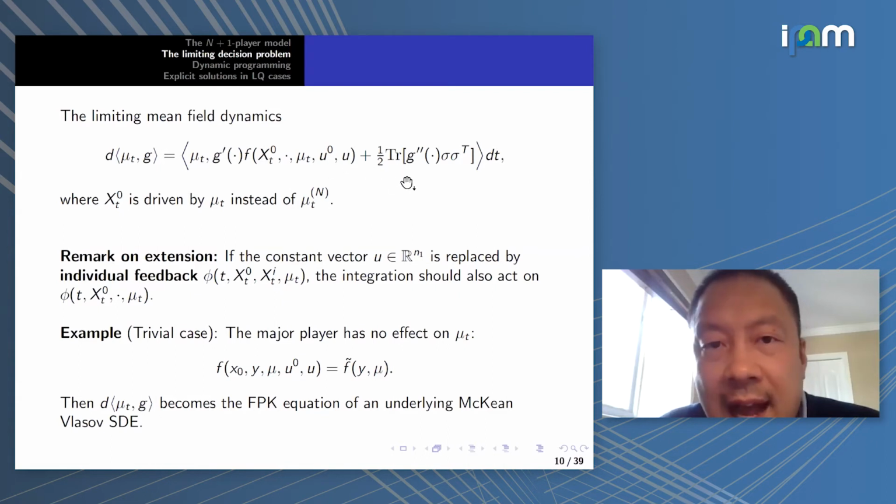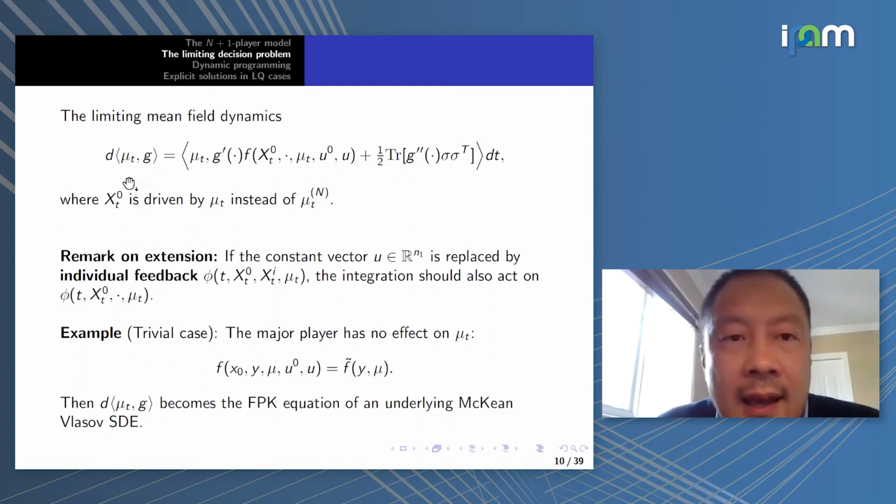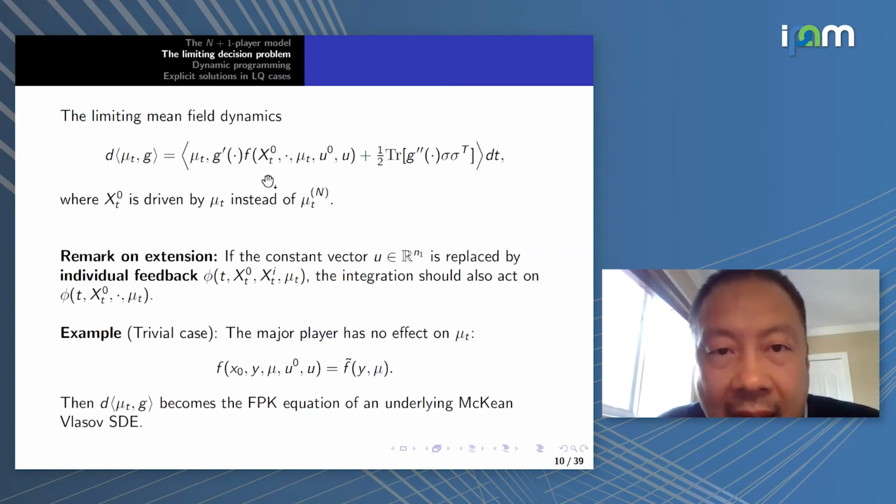So it's very neat. Okay, the interesting feature here is that for this ODE in a weak form, we actually have a driving force from the major player.